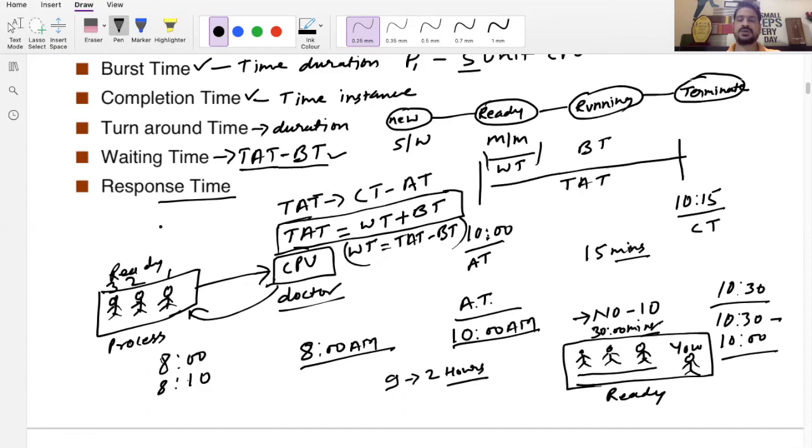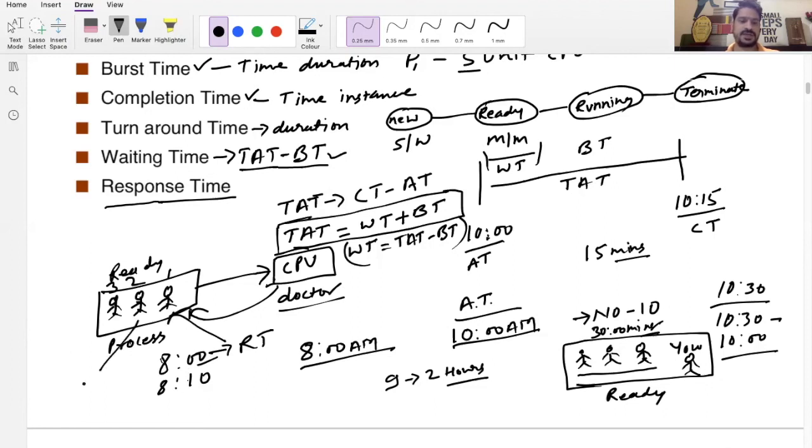It means the process is responded to by the CPU; the second response does not count. Like in the doctor scenario, the doctor has taken the patient into the clinic at 8 o'clock. So that 8 o'clock is the response time for that particular patient.